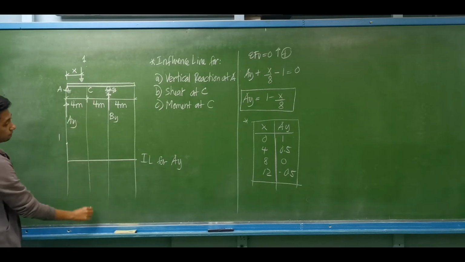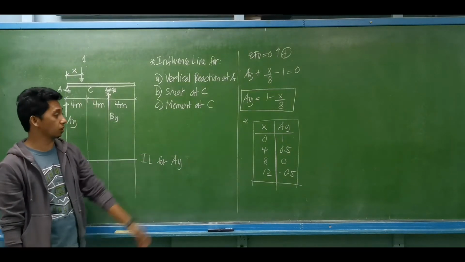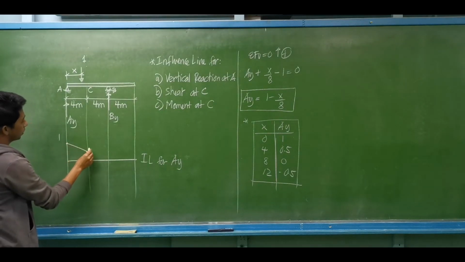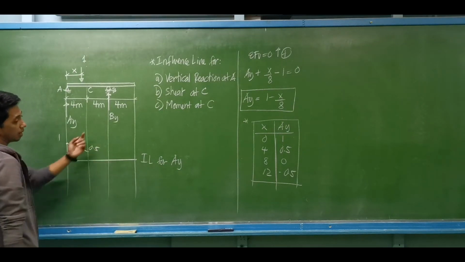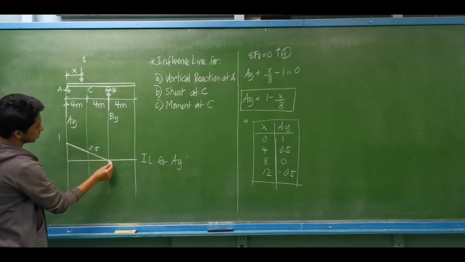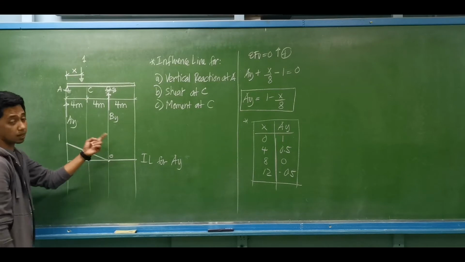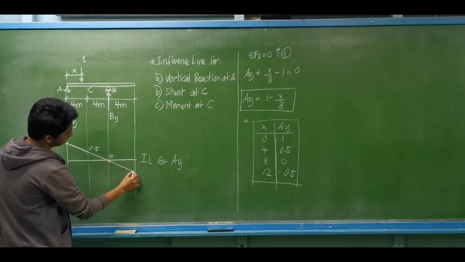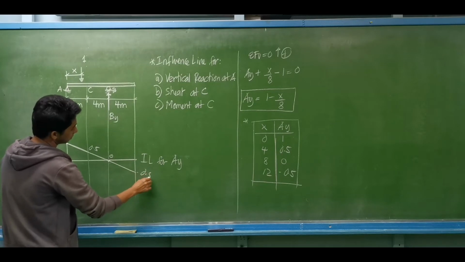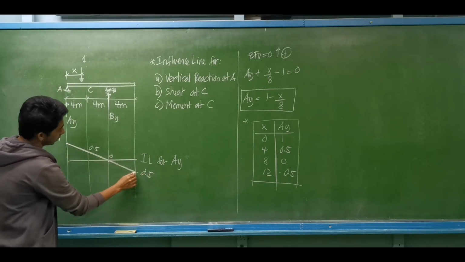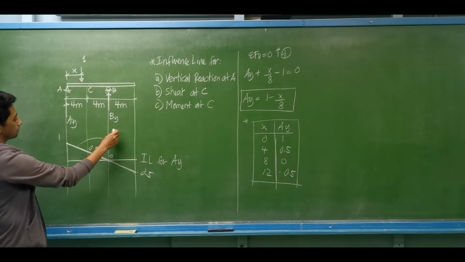What is the value of Ay when x is equal to 4? We have 0.5. At x equal to 8, the value of Ay is 0. At x equal to 12, we have negative 0.5. So this is the influence line of the vertical reaction at A.